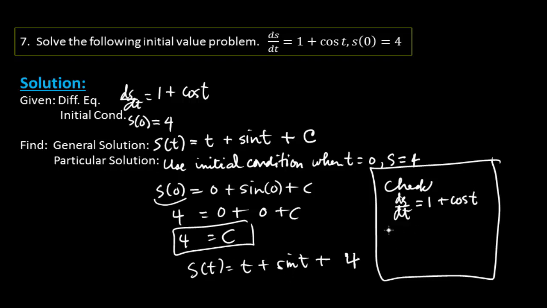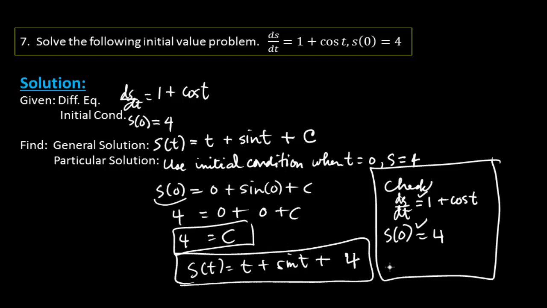And then take s of 0. What is s of 0? S of 0 is 0 plus 4, which is equal to 4. So indeed, this is our solution to our differential equation because it satisfied the differential equation as well as the initial condition.